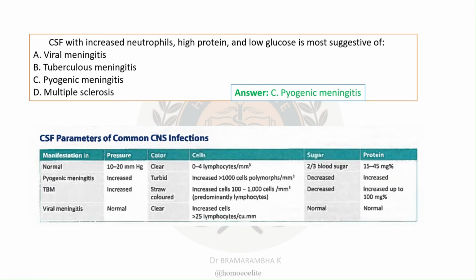But in tuberculous meningitis, mainly lymphocytes are increased. So in this way, you are ruling out tuberculous meningitis. In pyogenic meningitis, you have neutrophils, high protein and low glucose. Glucose is decreased in cases of pyogenic meningitis.